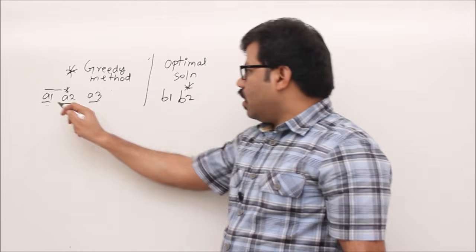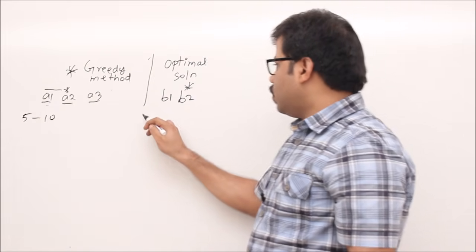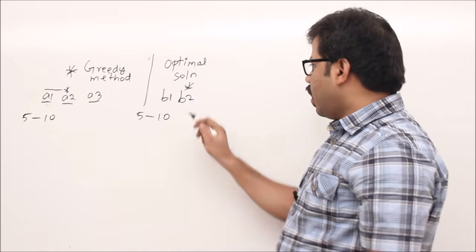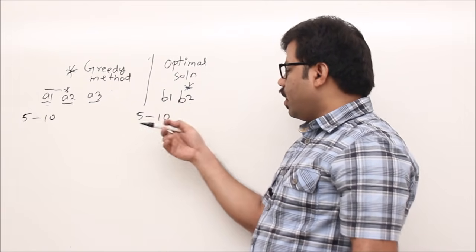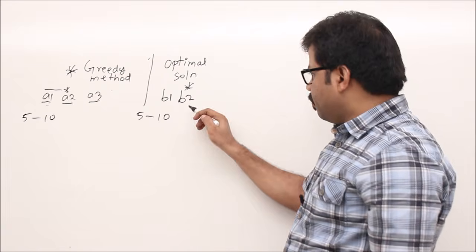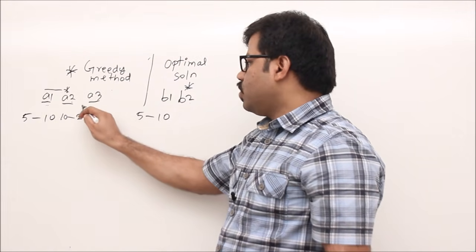If A1 equals B1, example A1's duration is 5 to 10, B1's duration is also 5 to 10. Now I ask B2, Mr. B2, you are different from A2, then why? What is your finishing time? My A2's finishing time is, let's say, 10 to 20, that means 20.